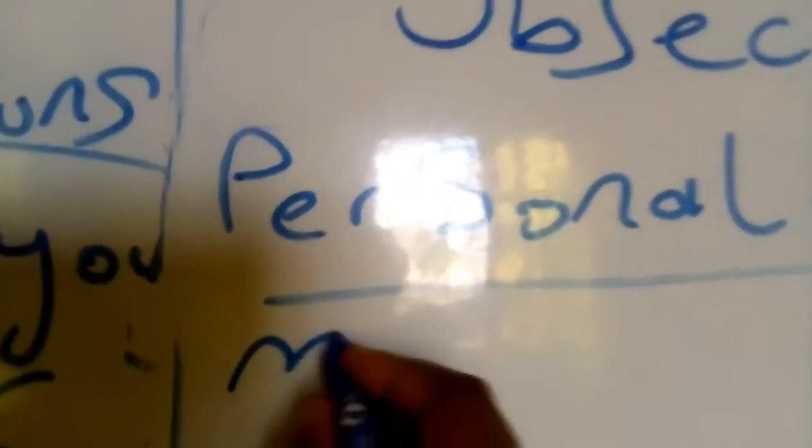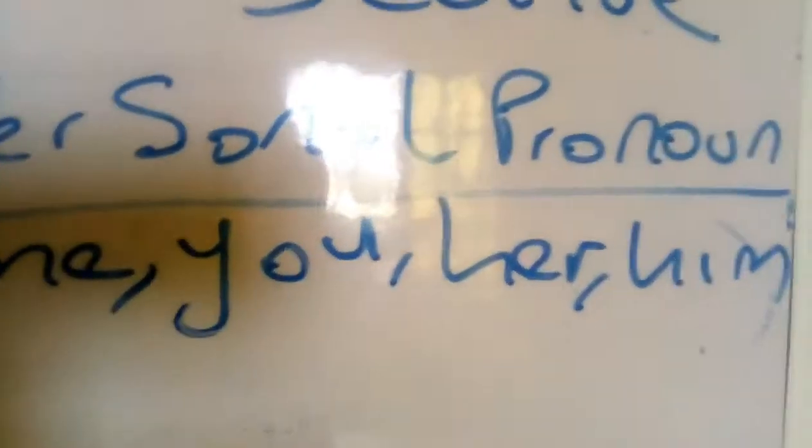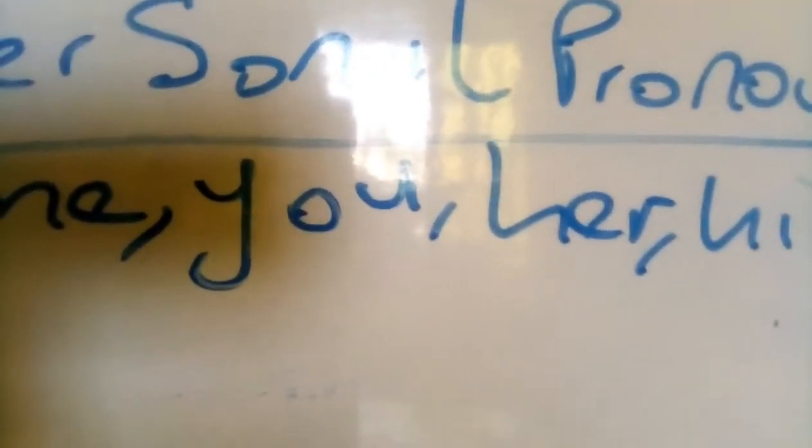Example, we have me, you, her, him. Are you seeing this? Him.